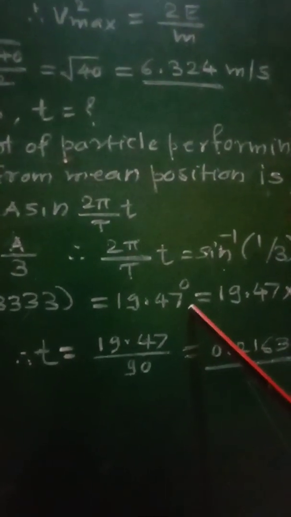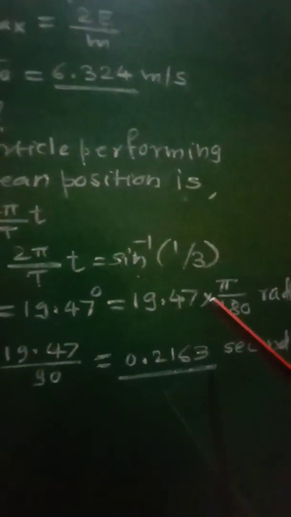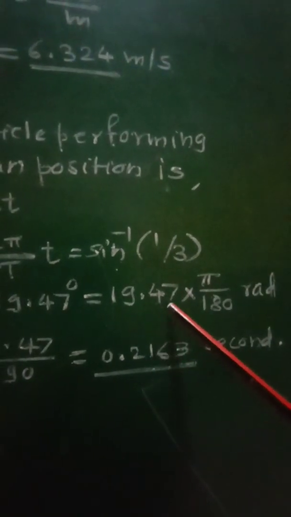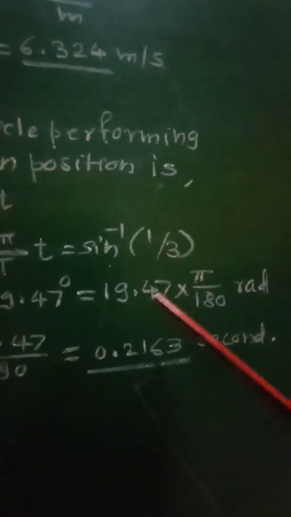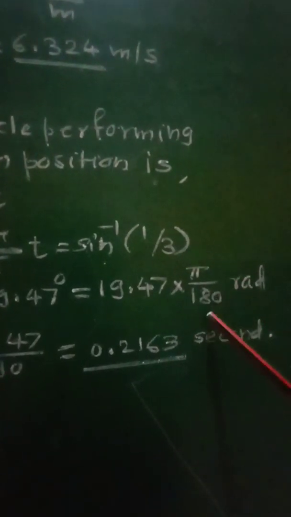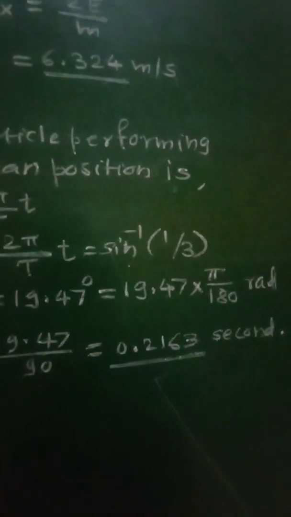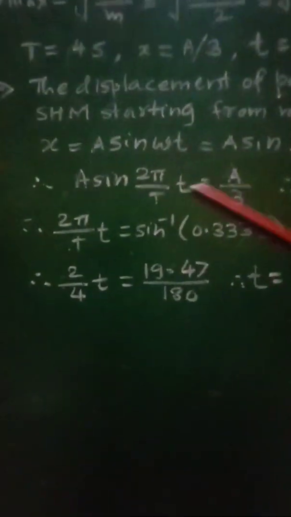This will be converted into radian as 19.47 into pi upon 180 radian.